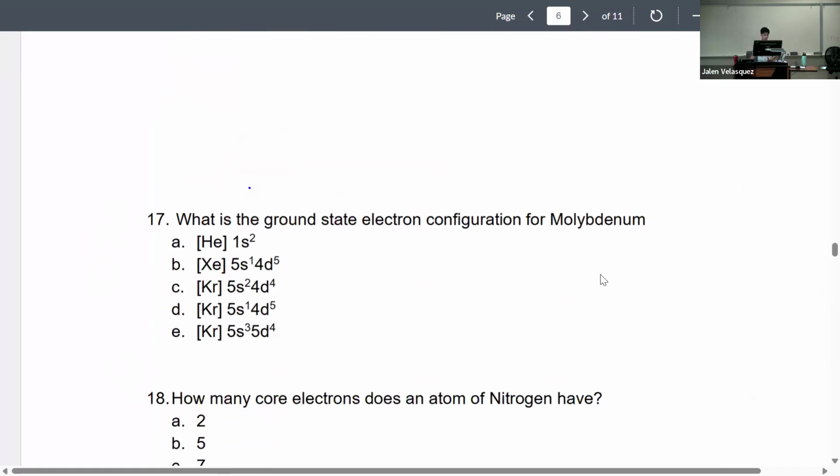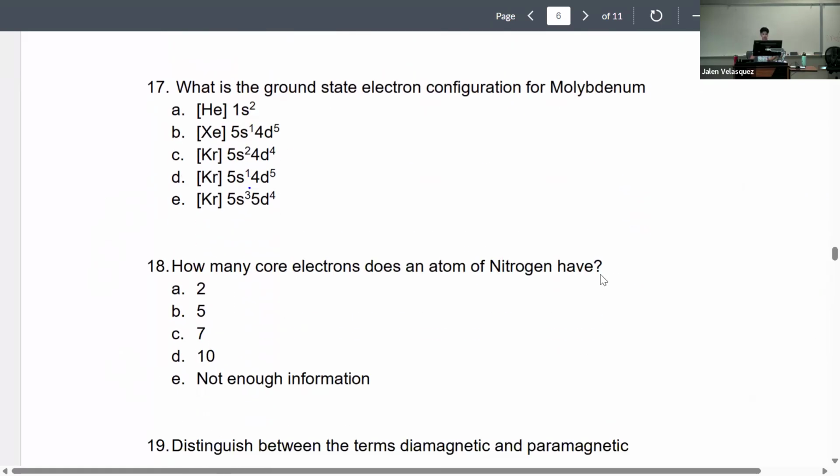Okay, for number 17, what is the ground state electron configuration for molybdenum? I heard C, I heard D. What does everybody else think?